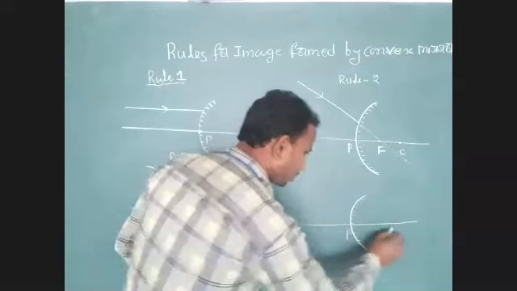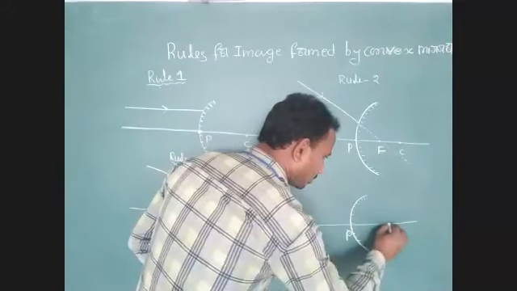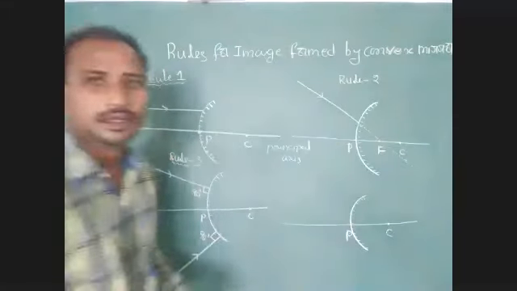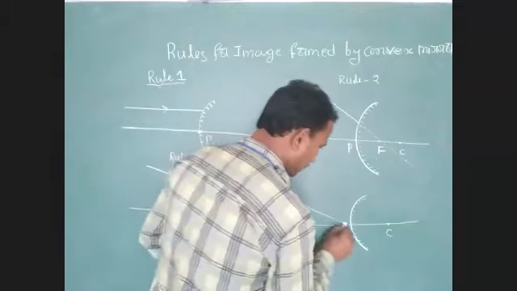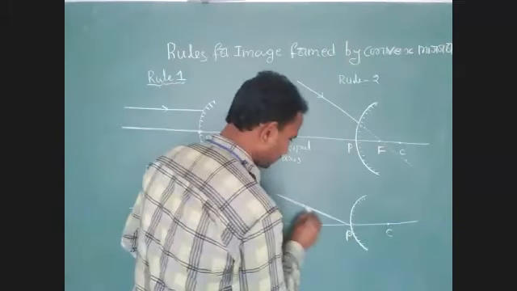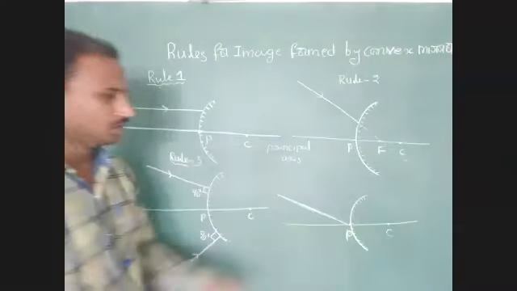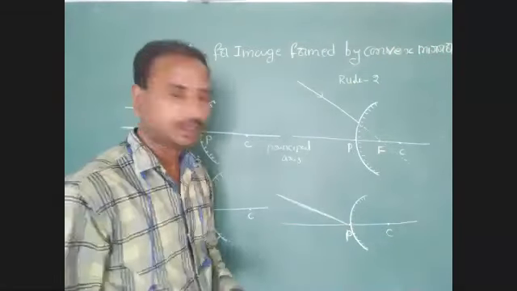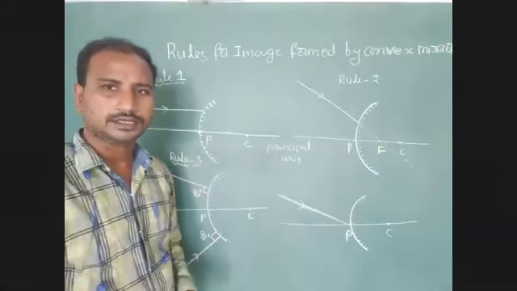Okay, pole, center of curvature. Now we have to consider that an incident ray is exactly incident at a point P on the reflecting surface of a convex mirror. So it represents the incident ray.